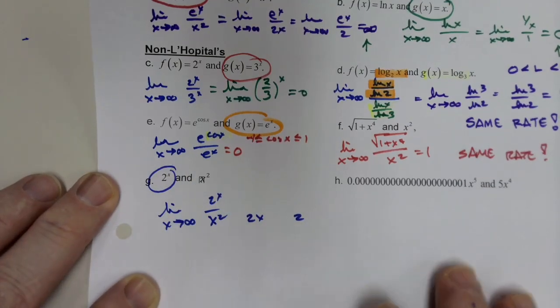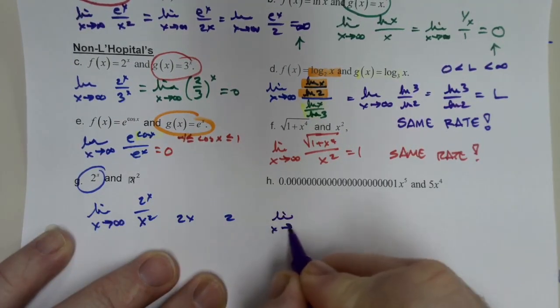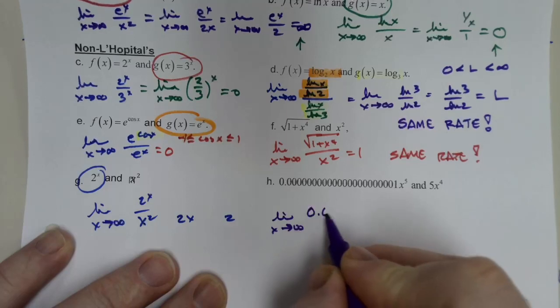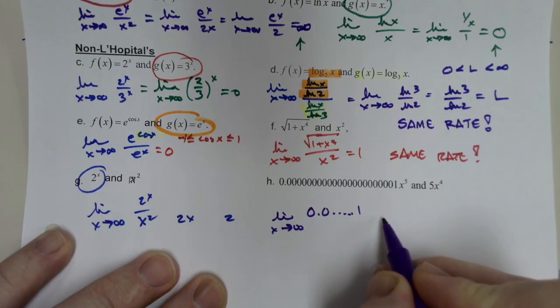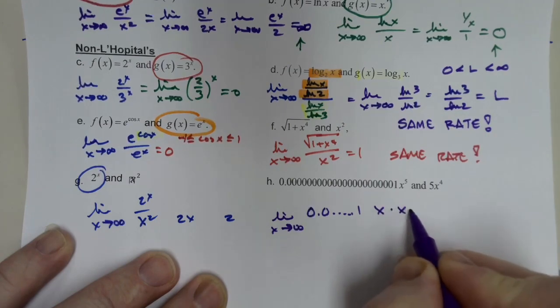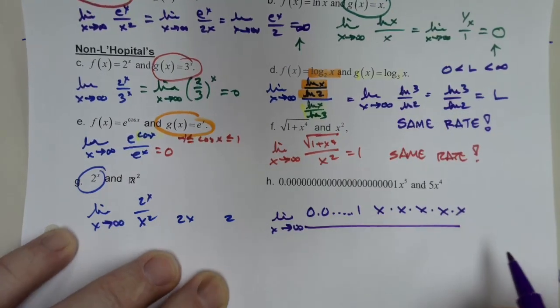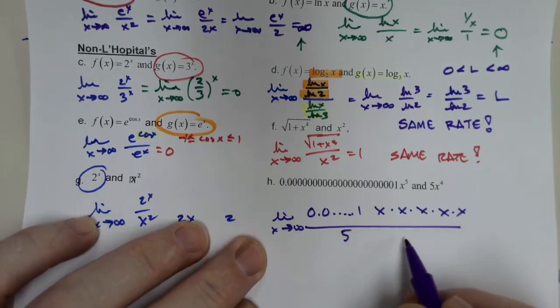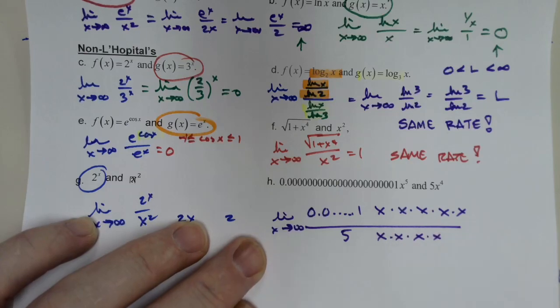Next one, we've got the limit as x goes to infinity of 0.0, a bunch of zeros, a 1, and then x to the 5th power, x times x times x times x times x, all divided by 5 times x to the 4th, x times x times x times x.